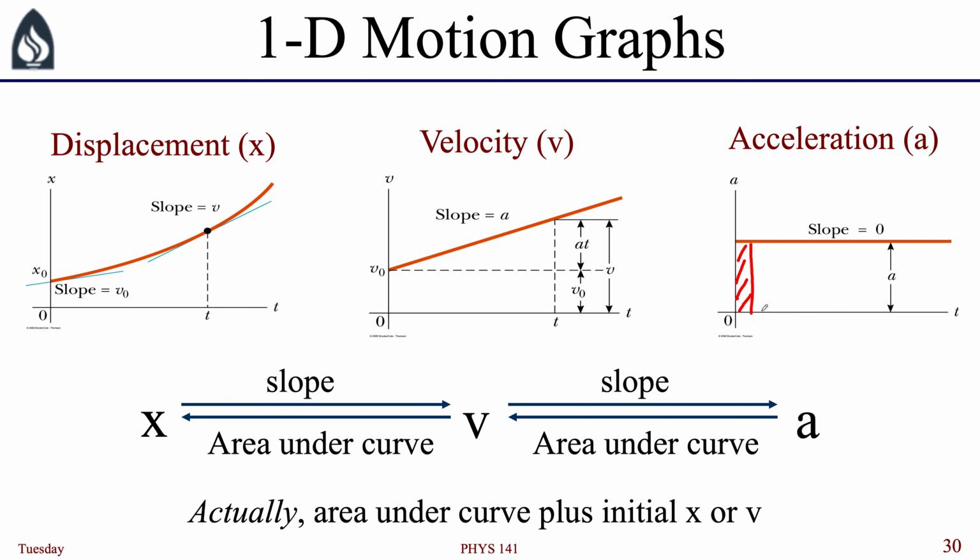If, on the other hand, we considered a little bit of time later, so let's call that time 1, and maybe this is time 2. At time 2, there's more area under the graph.